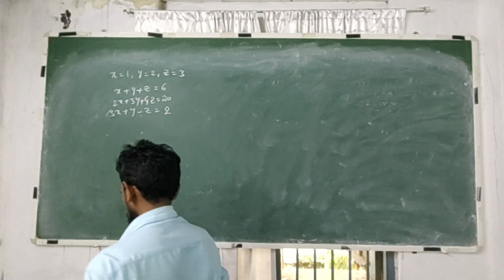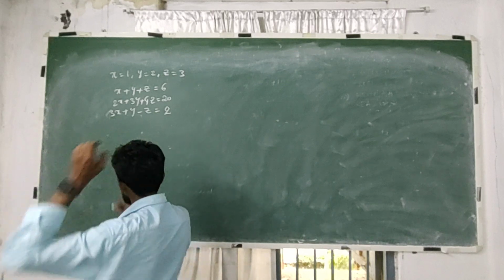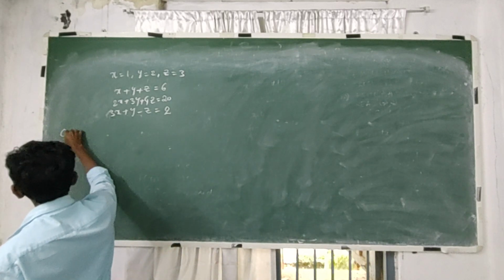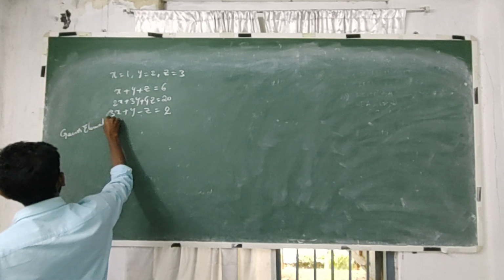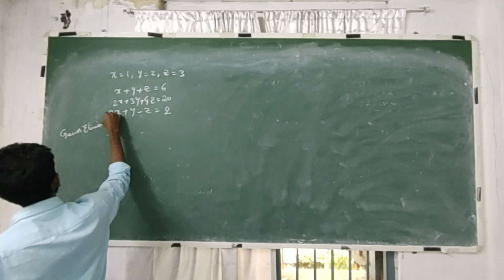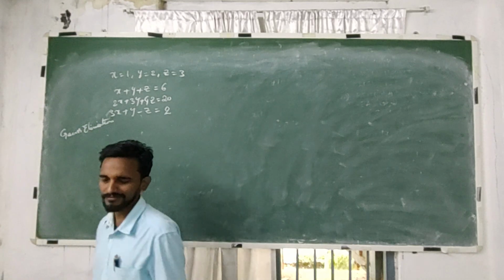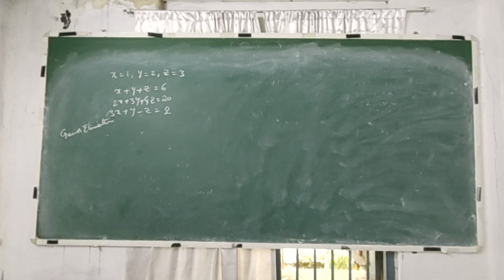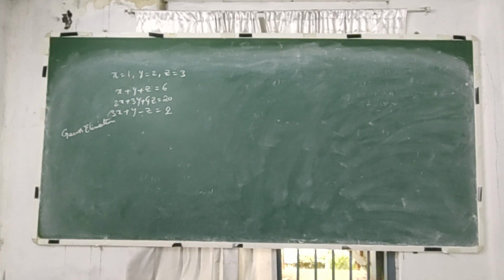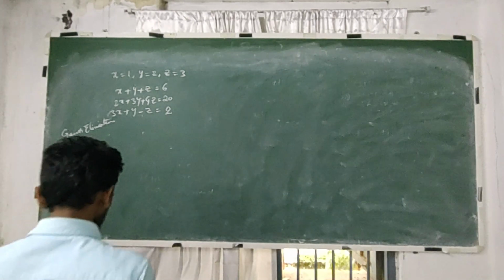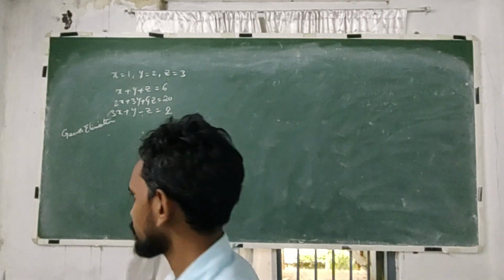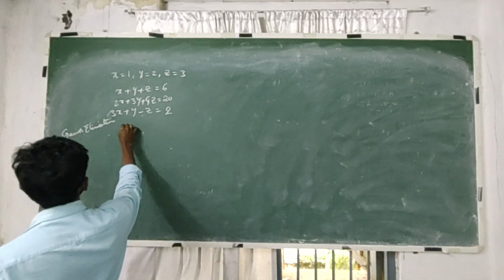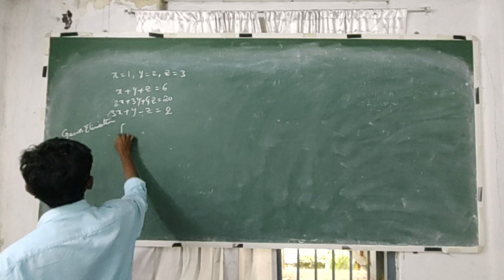Okay. So the simplest method is Gauss elimination method. Here we write all the equations in the form of a matrix with all the coefficients and the result.